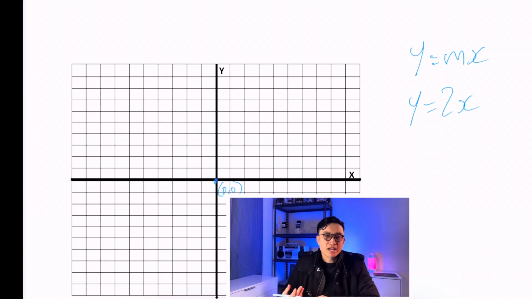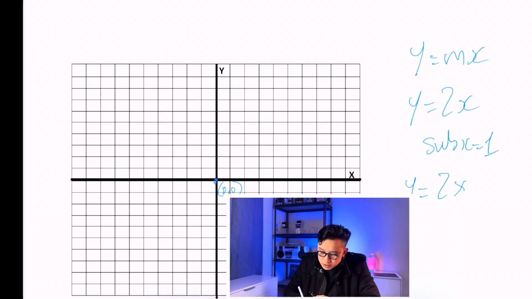For all sketches, like linears, you need a bare minimum of 2 points to prove the graph is sloping and flowing in that certain direction. So what point should you choose? Well, I would choose x equals 1.